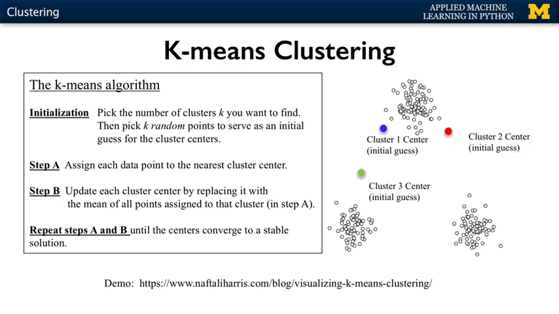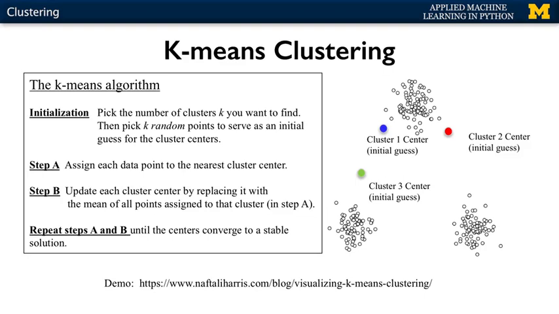K-means operates by first randomly picking locations for the k cluster centers. Then it goes back and forth between two steps. In the first step, given the locations of existing cluster centers, it assigns each data point to a cluster center based on its distance from the center. In other words, it assigns each data point to the closest center.